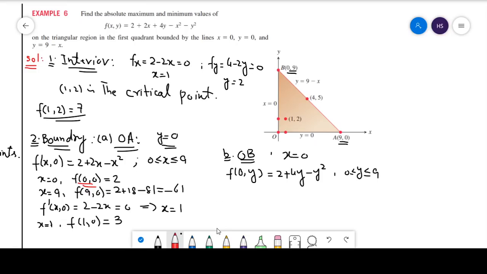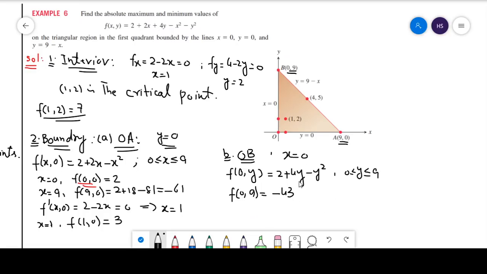Now we also have to check f(0, 9), where x is 0 and y is 9. That gives us f(0, 9) equals minus 43. You can easily calculate it by putting x equal to 0 and y equal to 9 in our original function, and you will get minus 43.